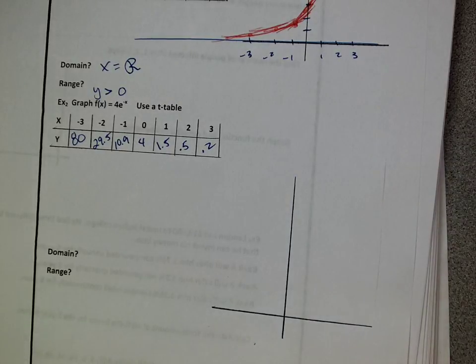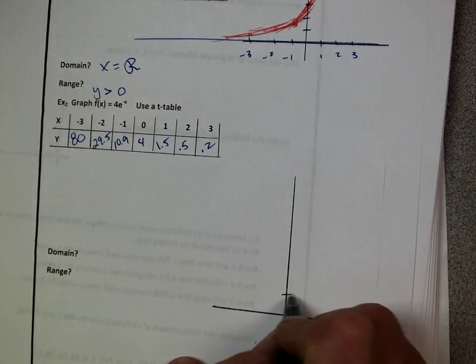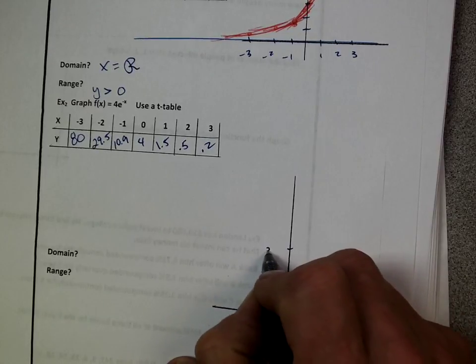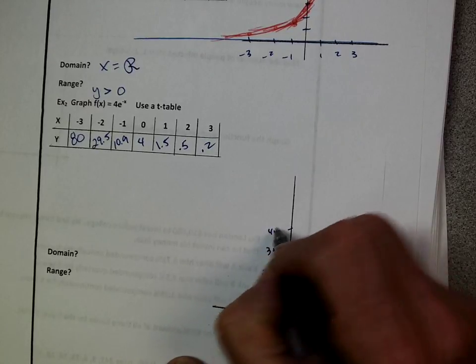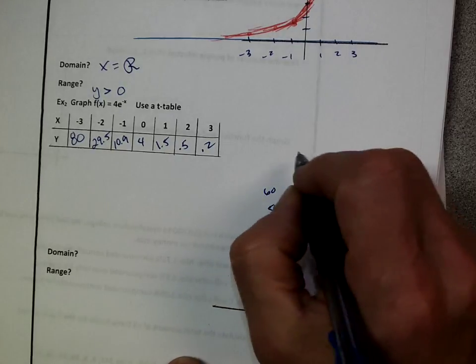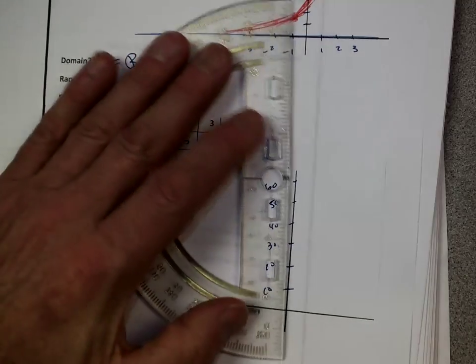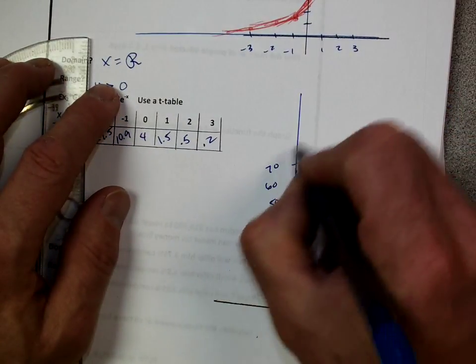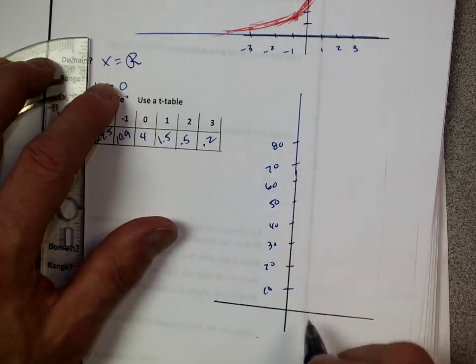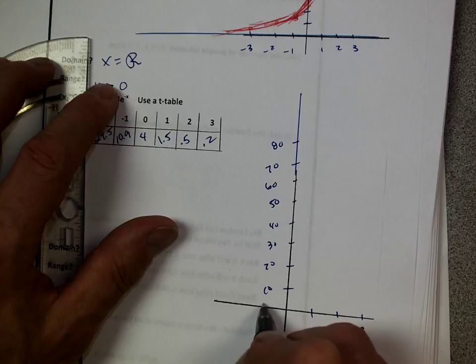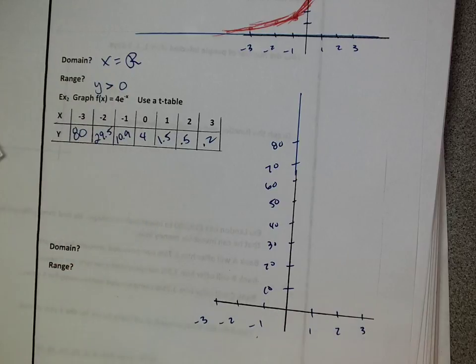Okay, let's see if we can make a graph of this. All the way up to 80. Well, I better go 10, 20, 30, 40, 50, 60. Better extend this. I gotta get all the way up to 80, don't I? 70, 80. 1, 2, 3, negative 1, negative 2, negative 3, right?